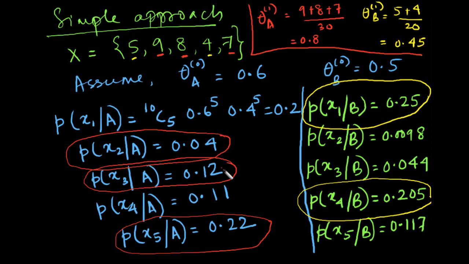What the expectation maximization algorithm does is that it uses a scheme which is similar, but it uses both the information which is available to you and does not throw anything away. So how does it do that? So let's write this information in a tabular format to understand how the expectation maximization algorithm works.